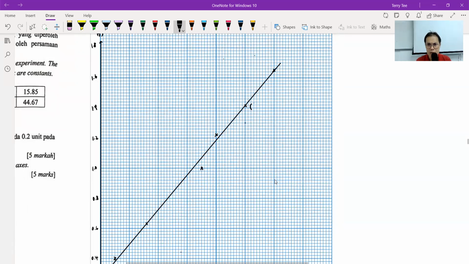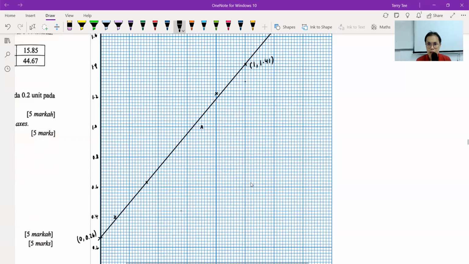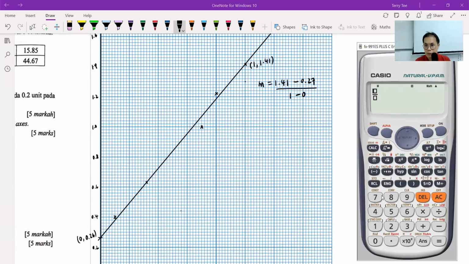You can write 1.4. I think 1.41 is fine. 1.41. Okay. So let's find the gradient. I'm going to calculate my gradient here. My gradient is 1.41 minus 0.26 divided by 1 minus 0. Okay, let's count. 1.41 minus 0.26 divided by 1.